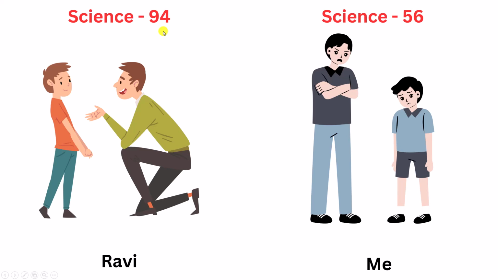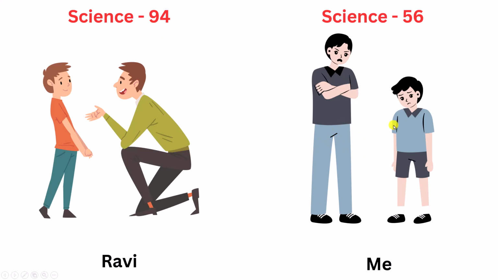What an excellent mark. Why can't you study like that? Why can't you score like Ravi? Why can't you prepare like Ravi? I want you to study more, work harder, and I want you to score more than him. So this is what my father says to me.